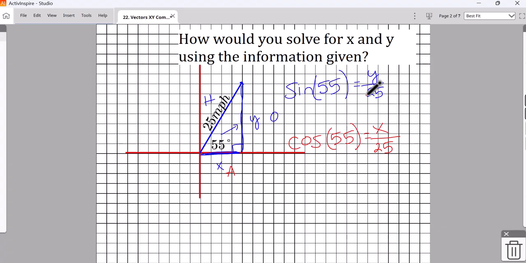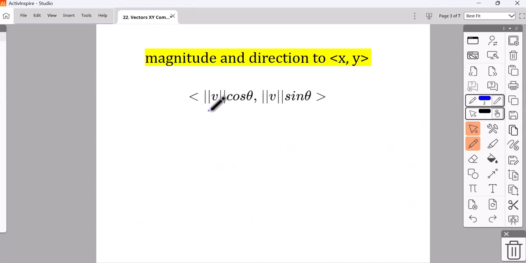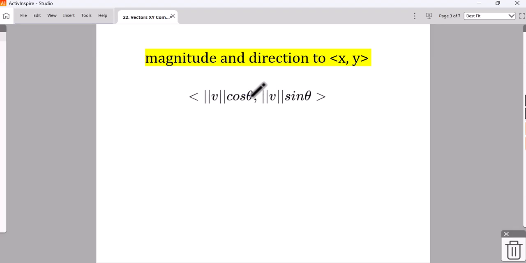We have 55, we have the hypotenuse, and so in both of these situations, to get x by itself, we can move the 25 to the other side. And so every single time we're given the magnitude and the direction, the formula is going to be the magnitude times cosine of the direction, and the magnitude times sine of the direction, just like we saw in the math before.